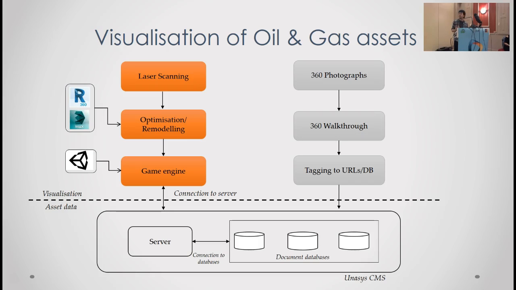So what we did was split the asset in terms of the tag structure that we have in our database, and use the Recap web service to generate meshes for these specific sections. Then we can combine the model in 3ds Max, and we use Unity to provide the walkthrough and interaction with the Unisys system.